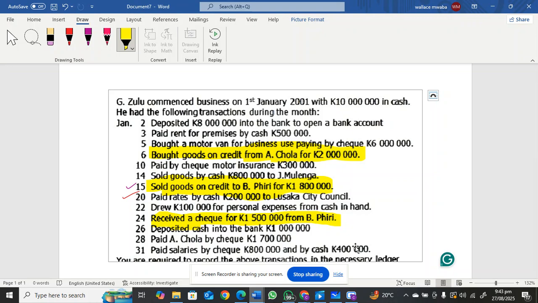So which ones are being debited and which ones credited? Just hold on, madam. Yes, you're not debiting the bank account because remember, the bank account you're paying, so it means it's reducing. That's correct.